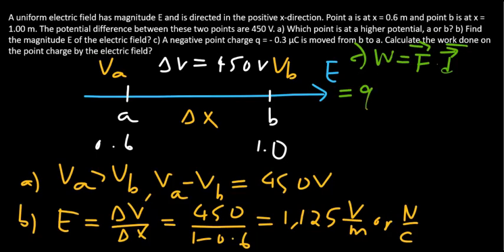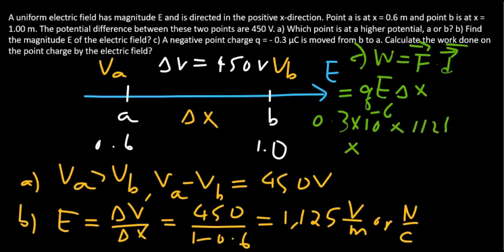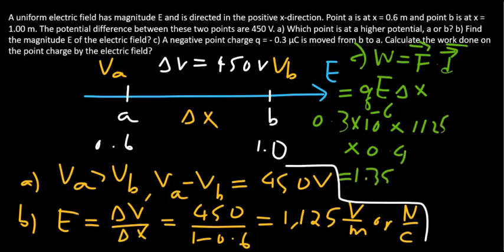The force is the charge times the electric field, and the displacement is delta x. The magnitude of the charge is 0.3 microcoulomb. The electric field is 1125, and the distance is 0.4, which will give you an answer of 1.35 times 10 to the power minus 4 joules for the work done. That solves the problem.